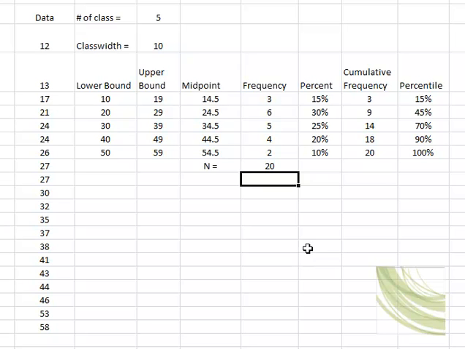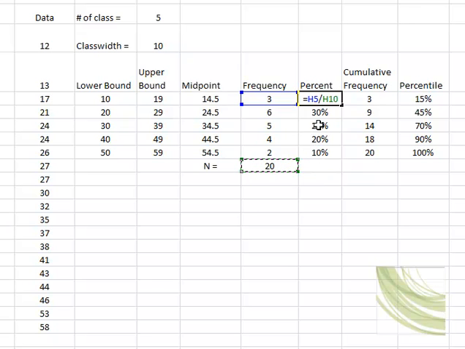And then the next, we want to compute percent. Percent is also called relative frequency. So relative frequency is frequency divided by total frequency. So equals frequency for the first class, 3, divided by total frequency.